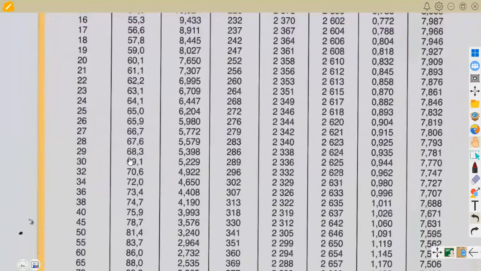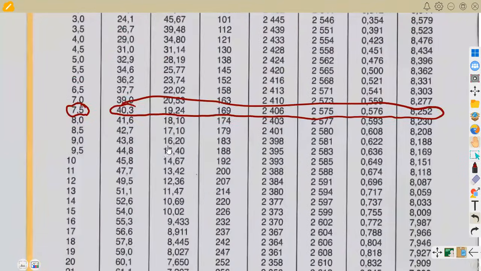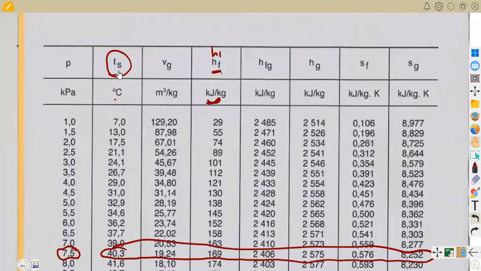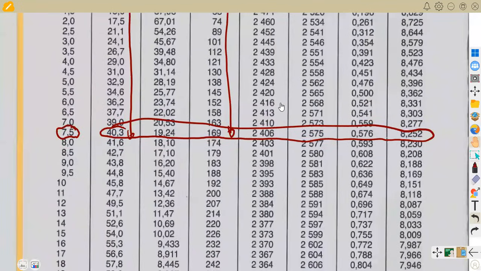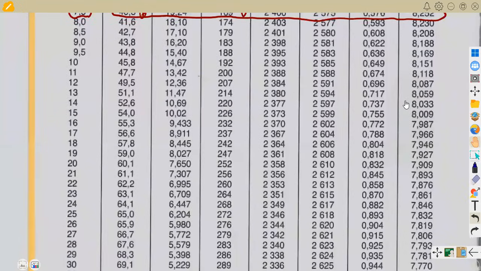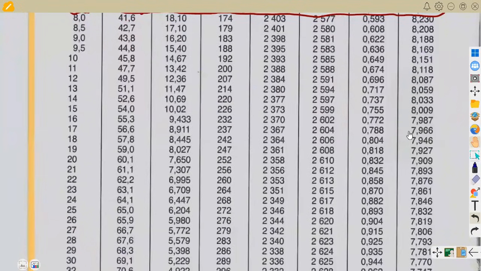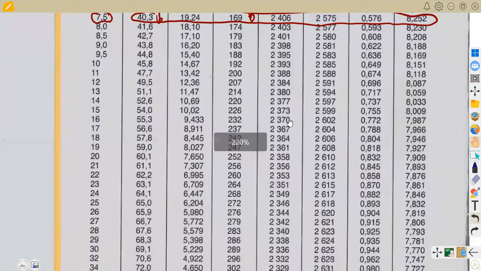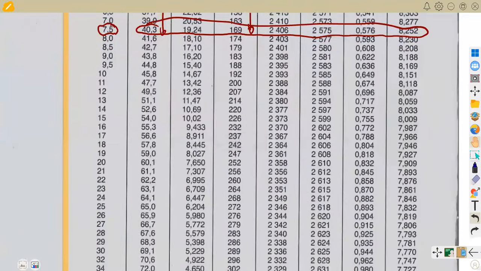If we check under temperature, because this is our temperature here, and this is our HF going down here, we are going to consider this HF under the temperature of 69.1. So if we see here, 69.1, that's somewhere here. I want you to see we are still under the temperature. Remember, this is our temperature here.